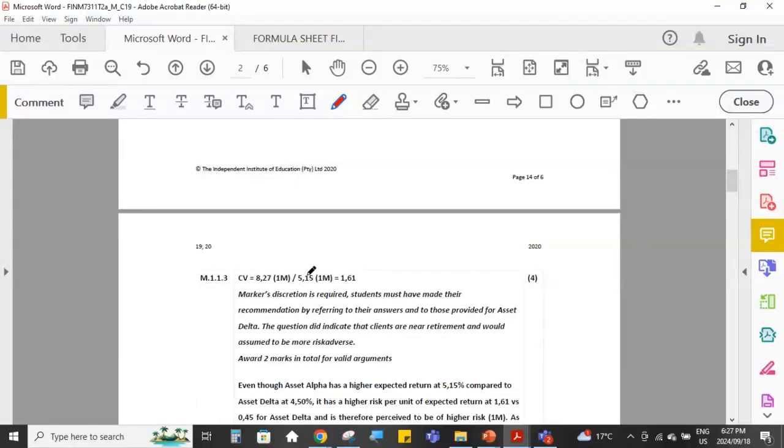So to each unit of return or percentage of return, there is 1.61 units of risk attached to that. So this is very helpful when we are comparing lots of different assets to each other. We calculate the coefficient of variation, and then we can compare their coefficients of variation, which will help us to make our decision.